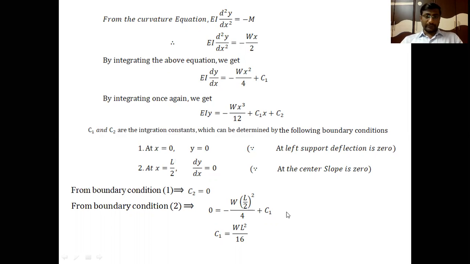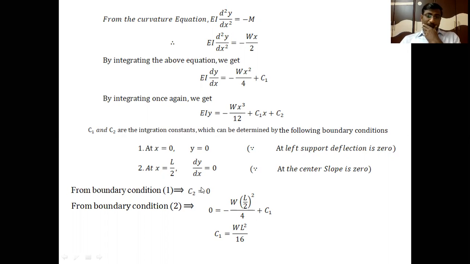So L by 2 whole square plus C1. So minus w L square by 16, because L by 2 whole square is L square by 4, 4 into 4 is 16. So minus w L square by 16, therefore C1 is positive, C1 equal to w L square by 16. This is the C1 value upon substitution of the second boundary condition into the slope equation.